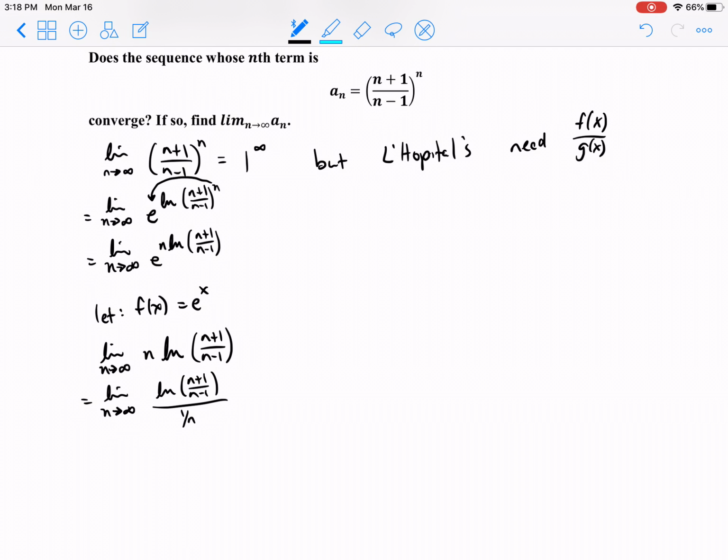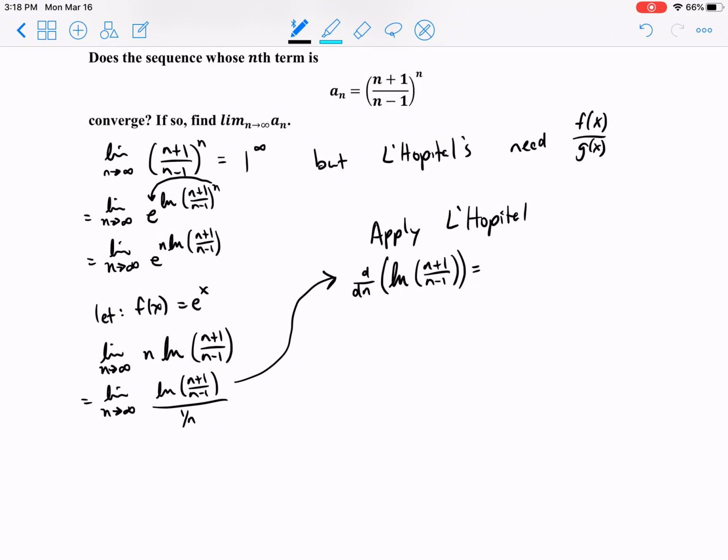So for the numerator, here we're going to apply L'Hopital, okay, and we can take the derivative of the natural log of (n plus 1 over n minus 1).